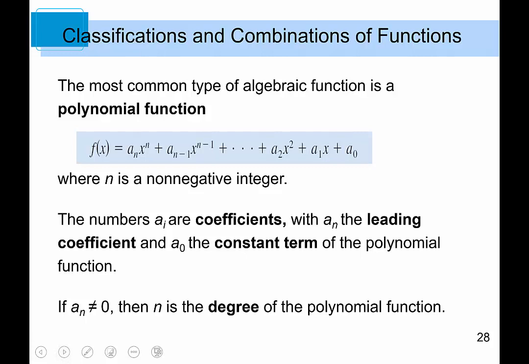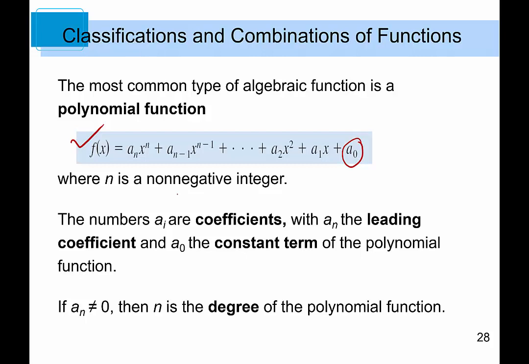So the most common type of algebraic function is the polynomial function, with f of x equals a subscript n x to the nth plus a subscript n minus 1 x to the n minus 1, and so on, with finitely many terms, ending with a constant a0.